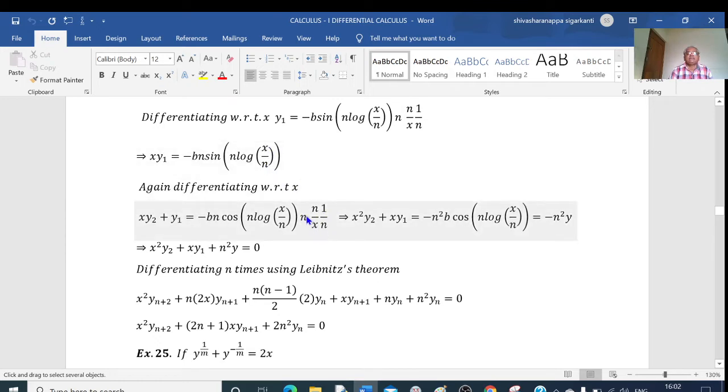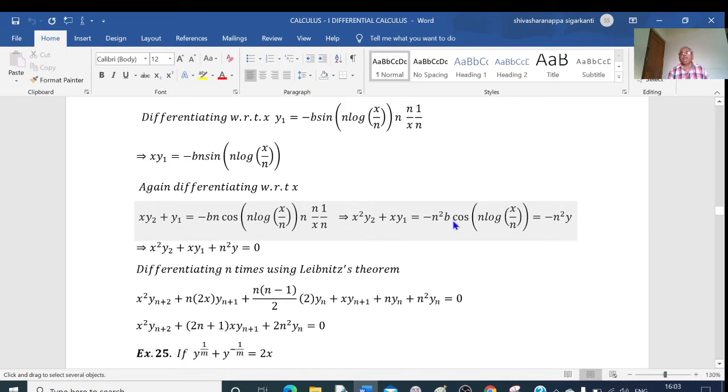Again n gets cancelled. Again multiplying throughout by x, this becomes x square y2 plus x y1 is equal to, here x gets cancelled, minus bn, and I will take this n here. This becomes minus bn square cos of n log x by n.